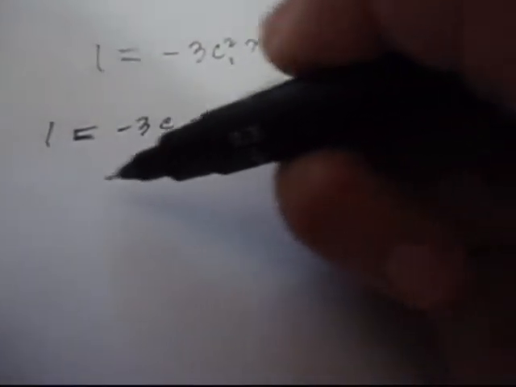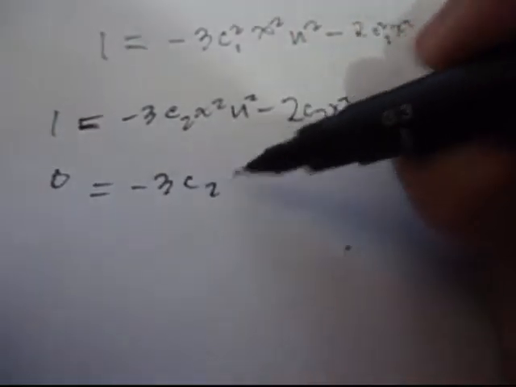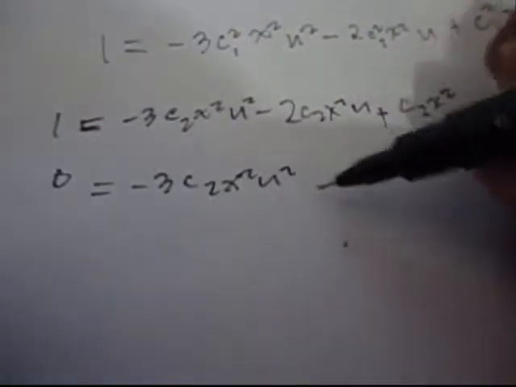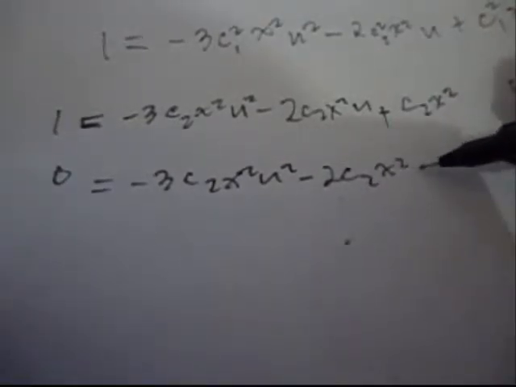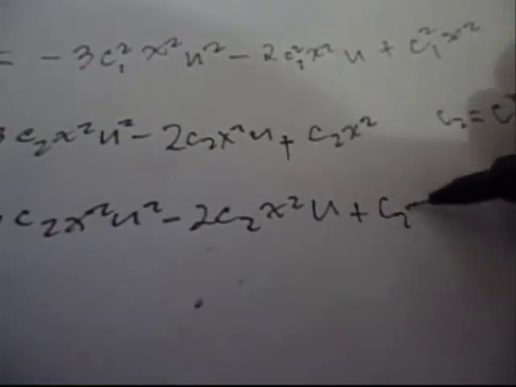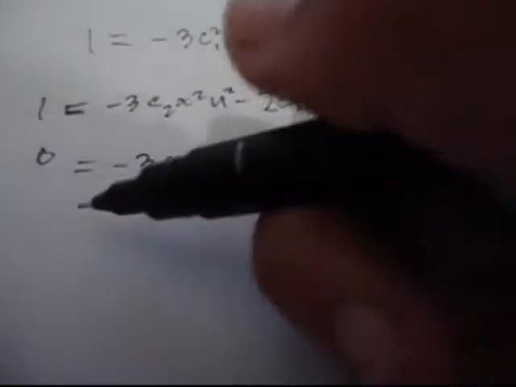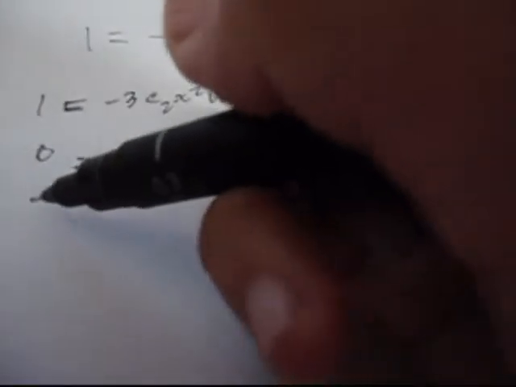We will have 0 is equal to negative 3c2x squared u squared minus 2c2x squared u plus c2x squared minus 1.